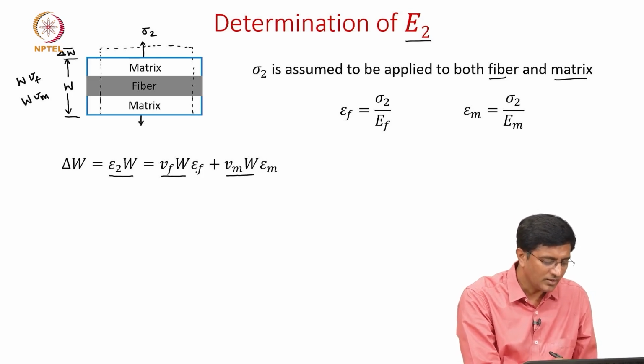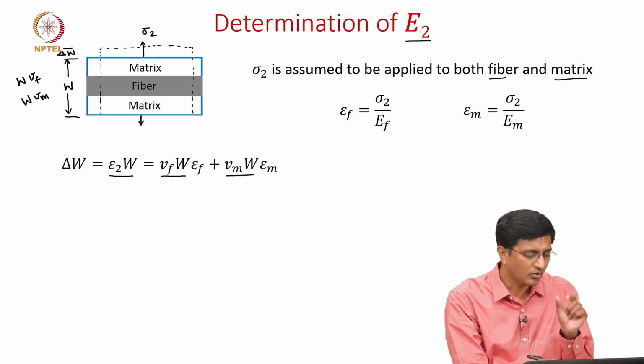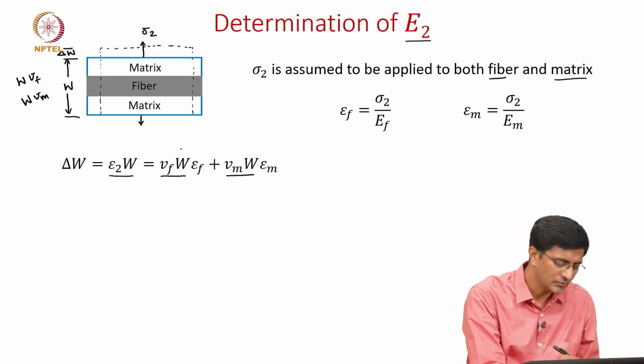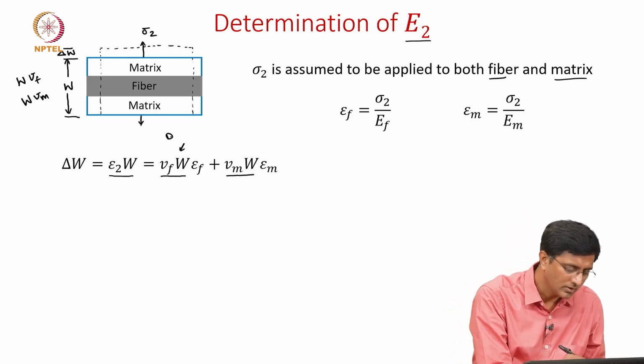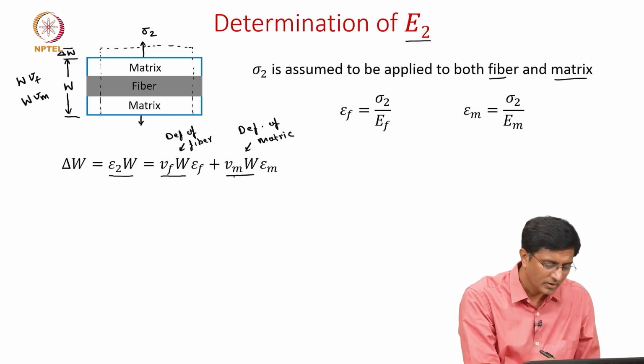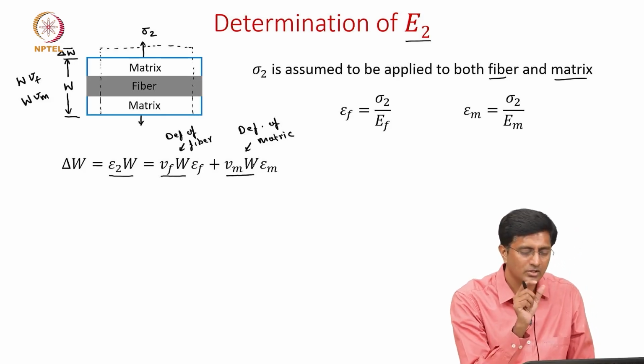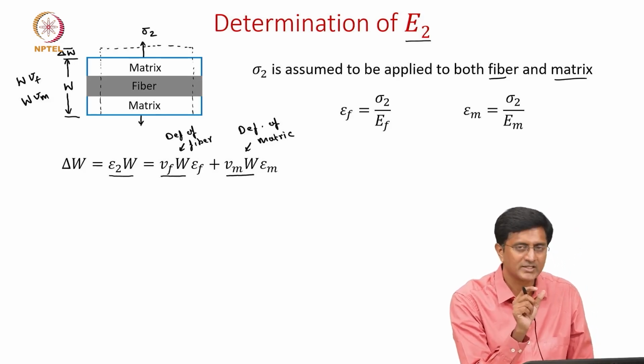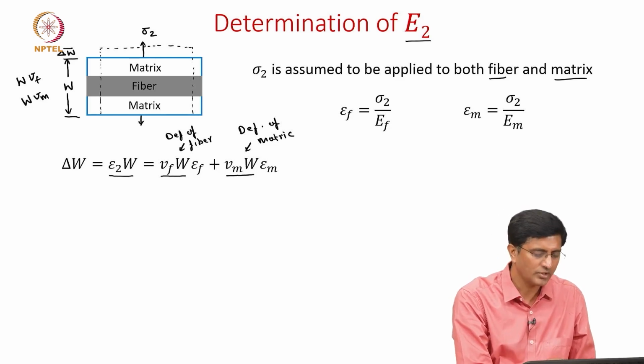So the width times the strain will be the total deflection of the fiber. Similarly, the second term takes care of deflection of the matrix, where Vm times W will give you the actual width of the matrix material, times the strain will give you the change in the width in the matrix.